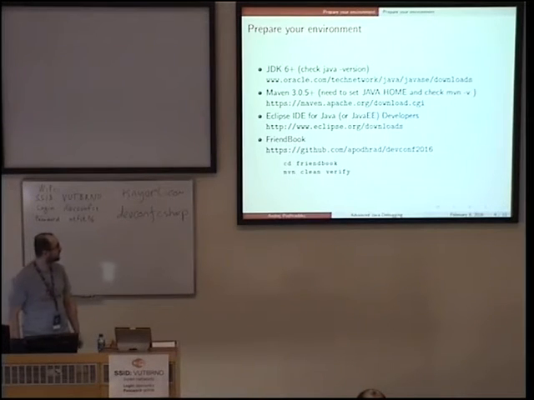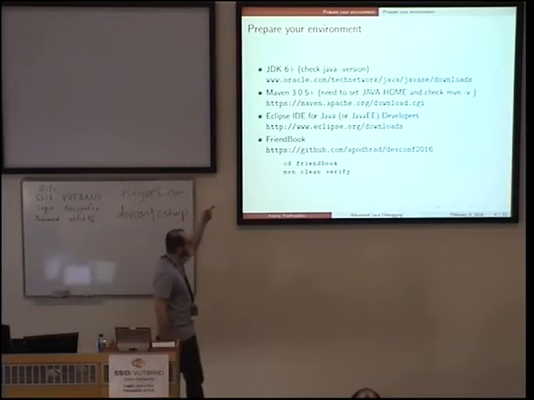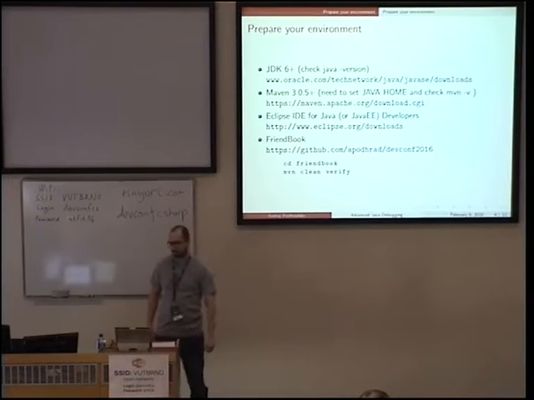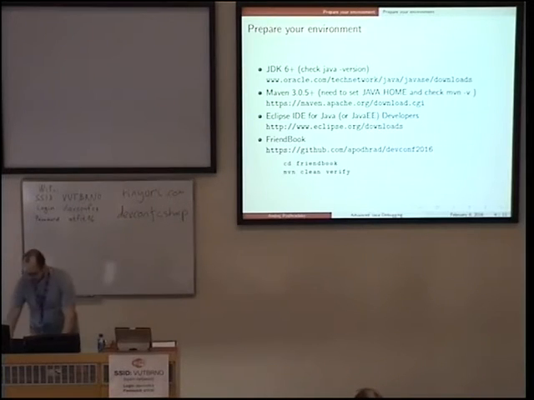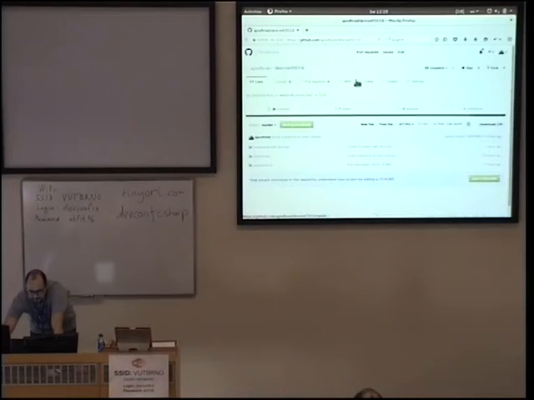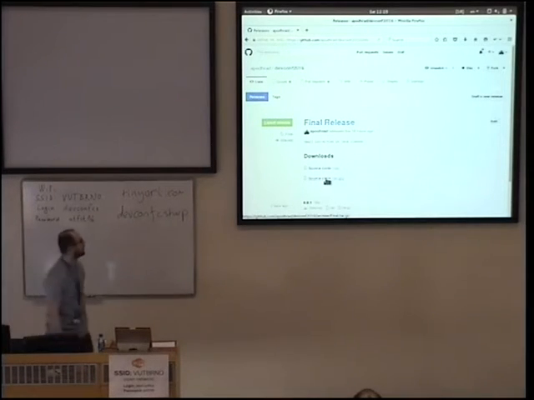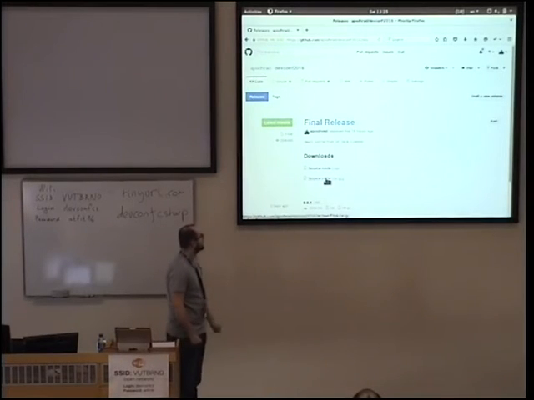Okay, if not, please go to the GitHub. If you are familiar with Git, you can clone the project, or you can download the zip file. Let's have a look. There is a releases tab, and here is a source code zip or tar.gz. It's up to you, so you can download it.